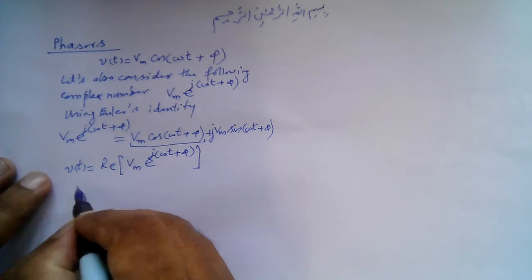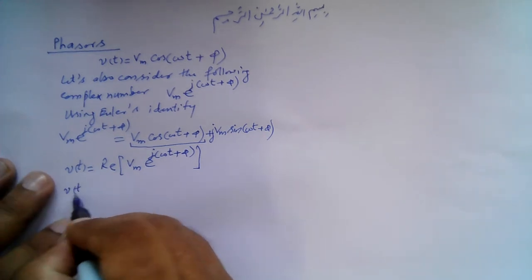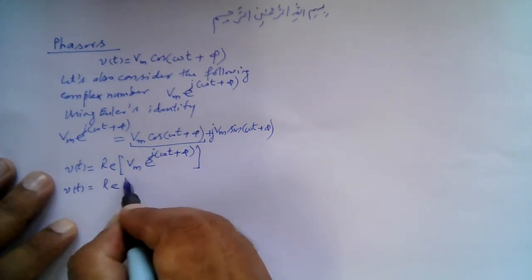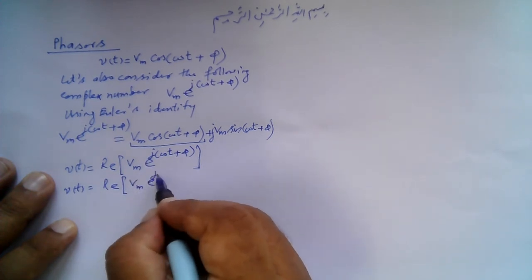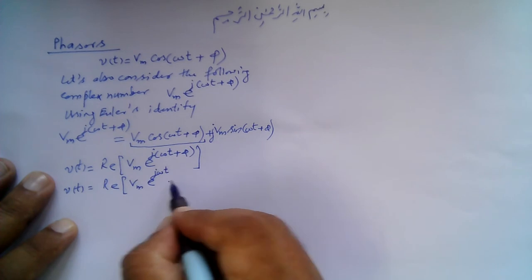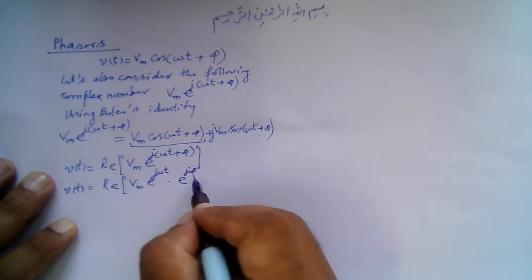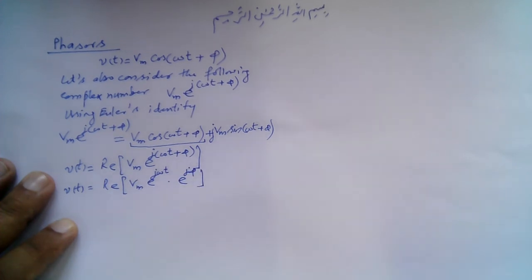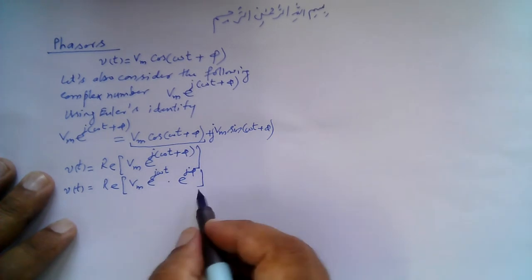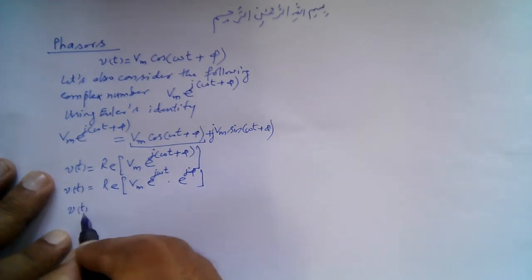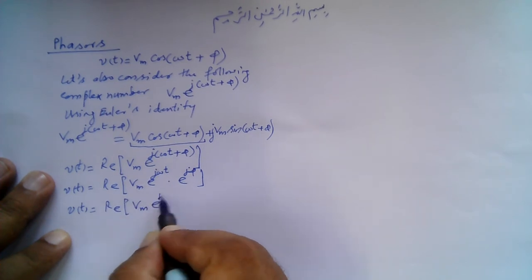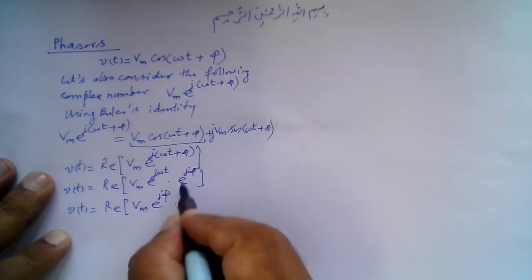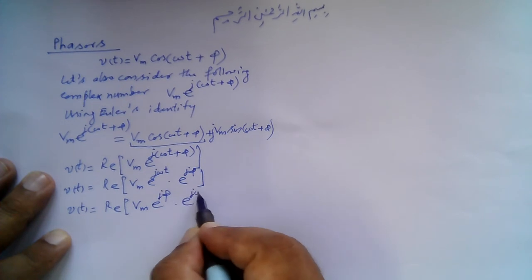So let us manipulate this complex number further. This can be rewritten as Vm e^(j omega t) multiplied by e^(j phi), right? This can be further rearranged as Vm e^(j phi) times e^(j omega t).